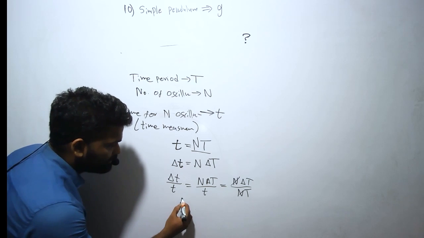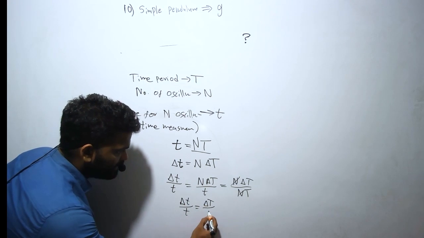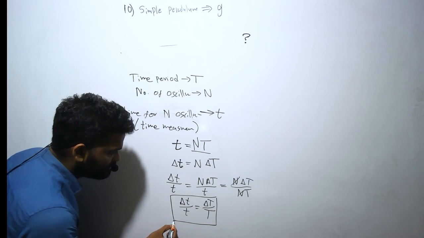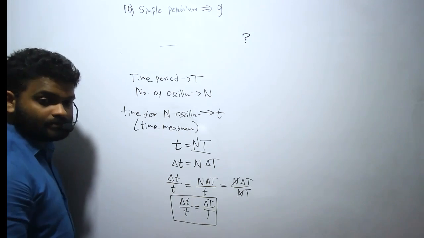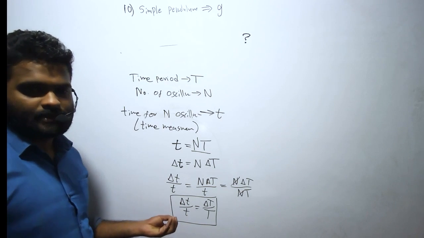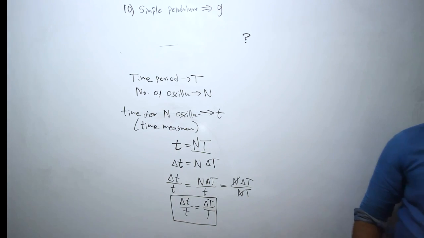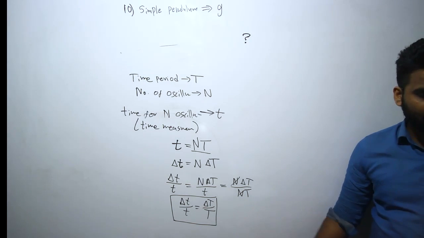So what do we get? Delta t divided by t equals delta T divided by capital T. Even if you don't remember the others, it's better to remember this one. Just take this down, I'll explain what this means. Take this down and thumbs up. You should be able to prove this.